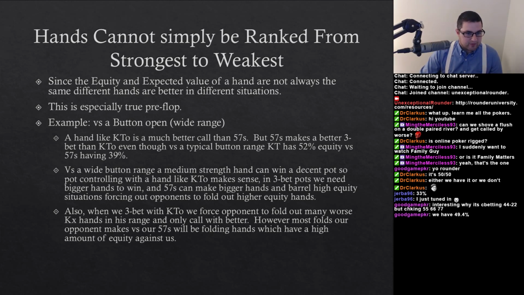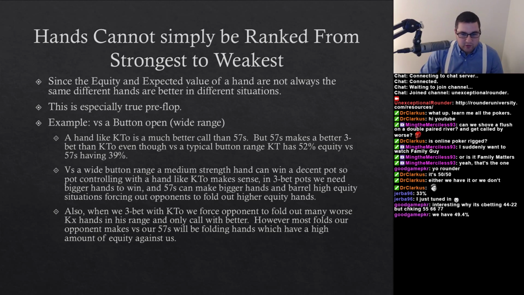And let's go over an example. We're versus a button open, which has a wide range. And let's say we're in the big blind here, facing a button open. A hand like King 10 offsuit is a much better call than a hand like 5-7 suited. 5-7 suited makes a better 3-bet, however, than King 10 offsuit, even though versus a typical range, King 10 has 52% equity versus the 5-7 having about 39% equity.